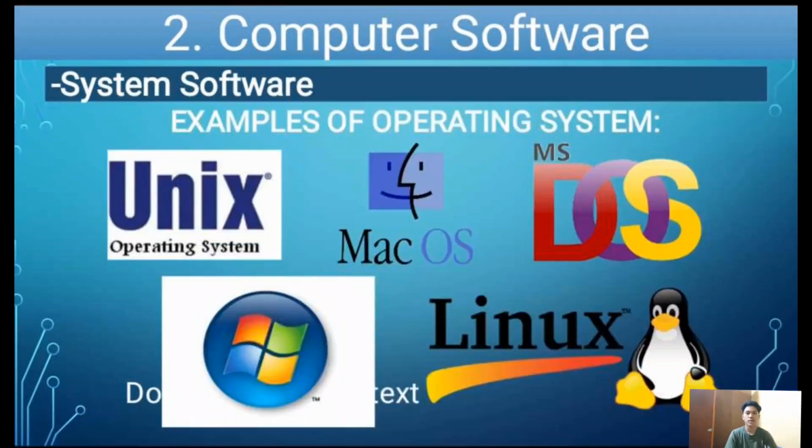Here are examples of operating systems. The Unix operating system still leads the industry as the most common operating system for web servers. Also, the Unix operating system is a long-standing and influential operating system known for its robustness and versatility. The other one is Macintosh OS or Mac OS.